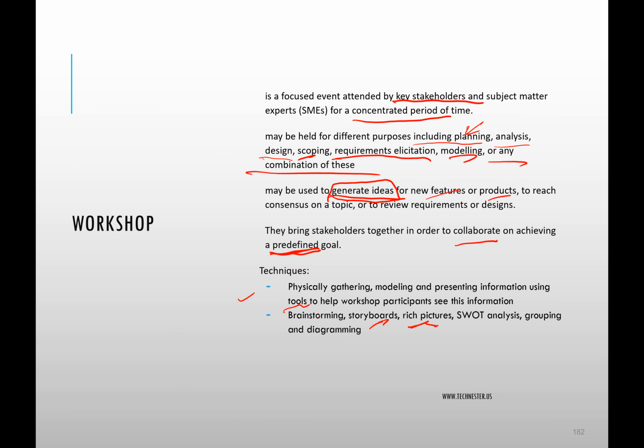So you can do brainstorming, storyboards, rich pictures, SWOT analysis. You can do that during your workshop. And we talked about that. In fact, that's where you do your SWOT analysis, right? Grouping and diagramming. Right? So these are the things you can do in a workshop.